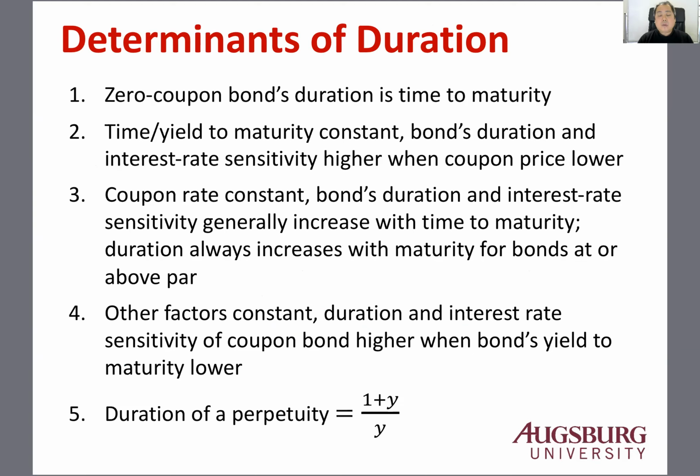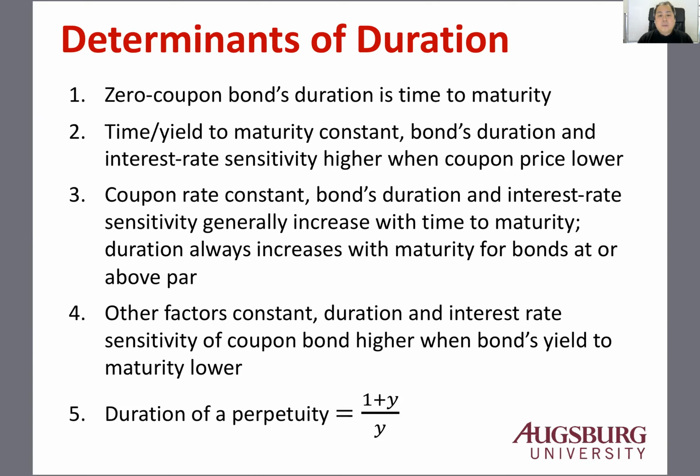Bond duration and interest rate sensitivity are higher when the coupon rate is lower, so the duration should be higher too. If the coupon rate is constant, bond duration and interest rate sensitivity generally increase with time to maturity. Usually a longer term bond has higher interest rate risk, so bond duration is also high. The duration always increases with maturity for bonds at or above par.